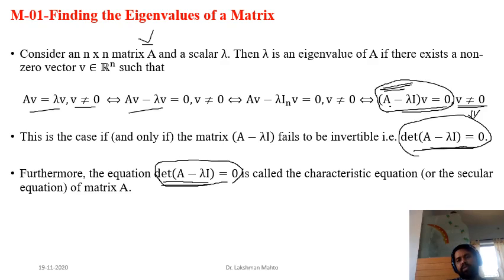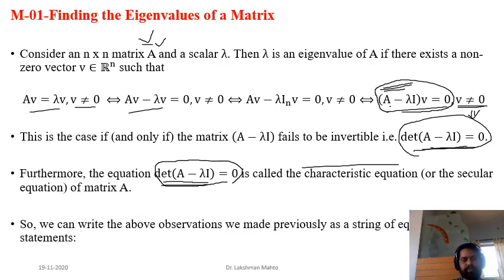Another name sometimes used is the secular equation, but characteristic equation is more famous. So this determinant of A minus lambda I equal to 0 is the characteristic equation of the given matrix. And when you solve this equation, that will give the value of lambda, or eigenvalue.